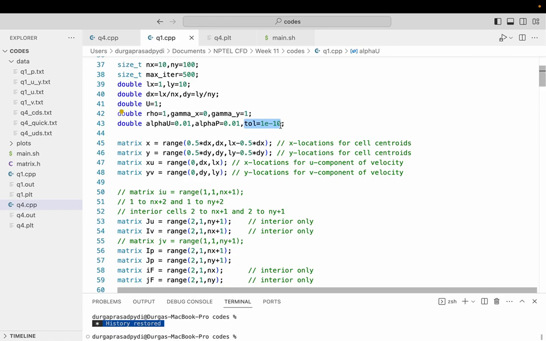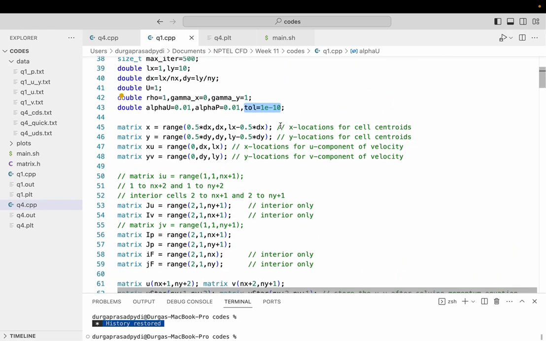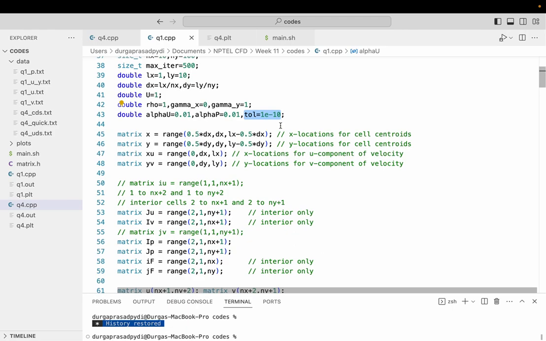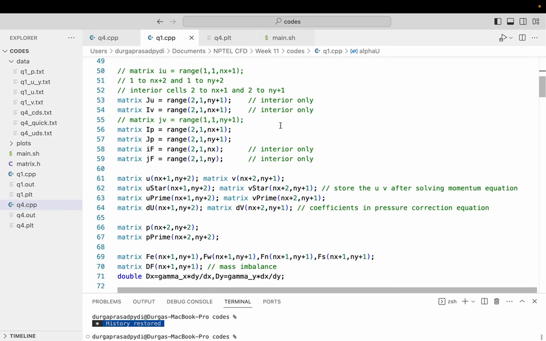So instead of 10 power minus 2, you might be convenient with 10 power minus 6 or some other value, since we have seen in previous cases what happens when you change your tolerance and how your grid size will affect your tolerance in the Gauss-Seidel method. If you use a very fine mesh, then your tolerance needs to be finer, otherwise Gauss-Seidel will not give you correct results. We have seen that previously.